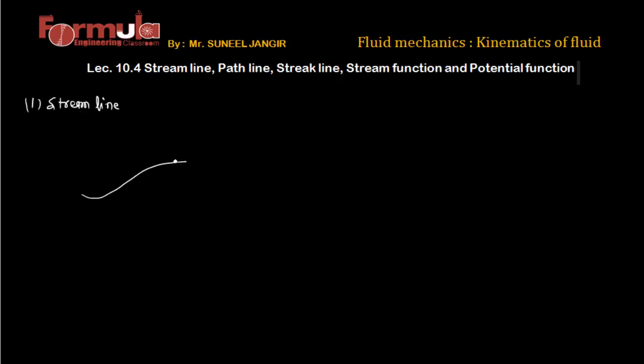So when we say this line is a streamline, I'm defining a streamline as a line which is tangent everywhere to the velocity vectors. Means if there is a velocity vector v here, some particle is moving with this velocity, there is some velocity vector here, and here. In this case, this line is tangent to these velocity vectors in the given flow field. And this is instantaneous.